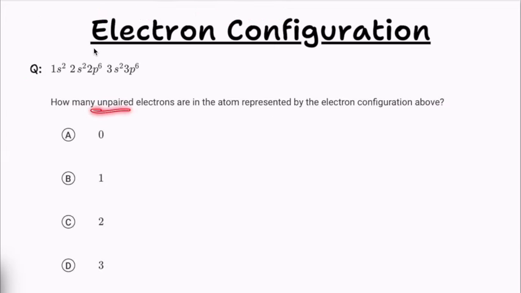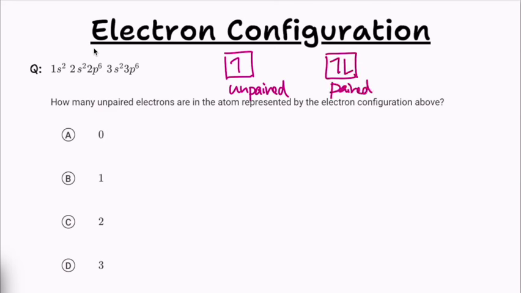How many unpaired electrons are in the atom represented by the electron configuration above? Remember that in each of the orbital, if there is only one single electron, then we call this unpaired. And if there are up and down, then we call this paired electrons in each of the orbital.